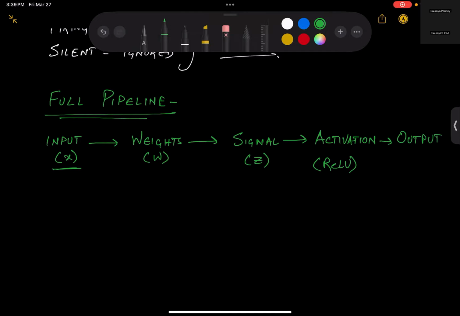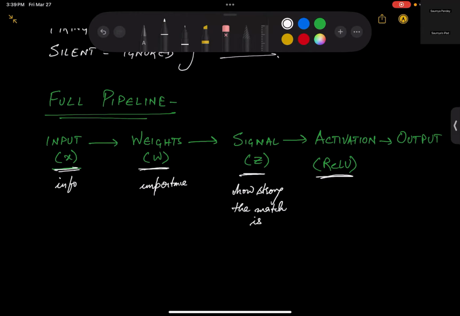So input brings in the information. Weights decide the importance. Signal measures how strong the match is.